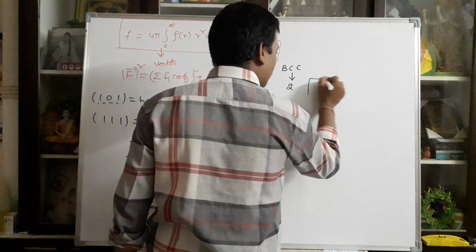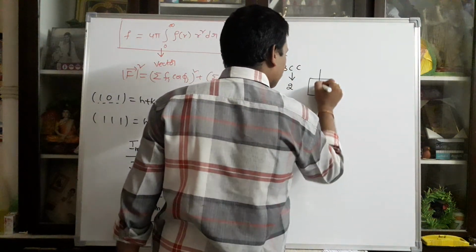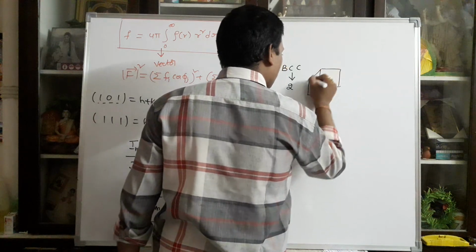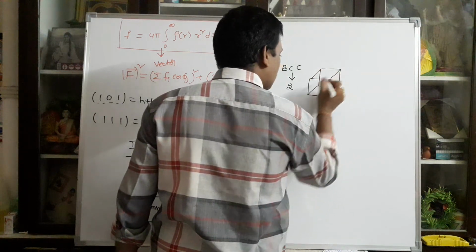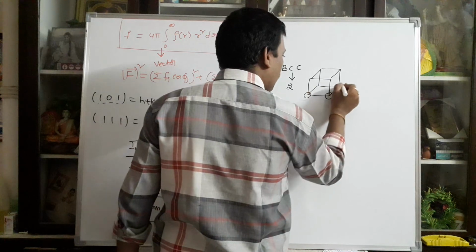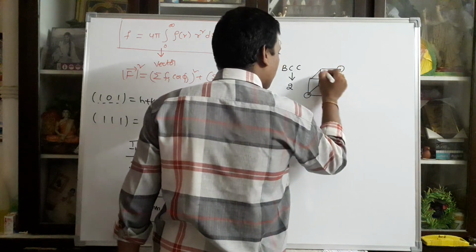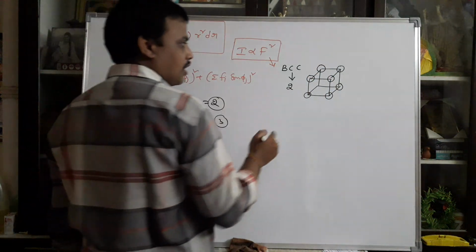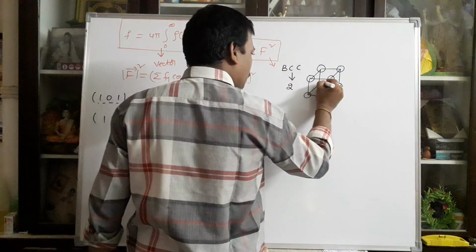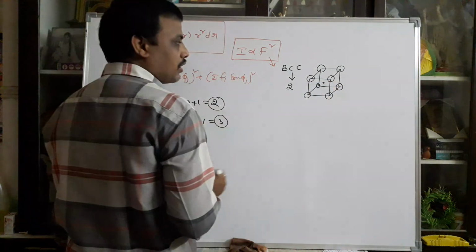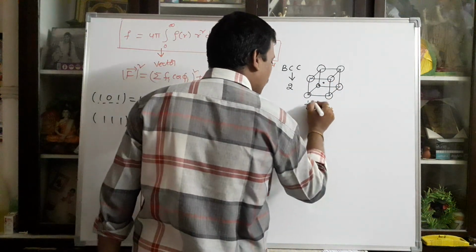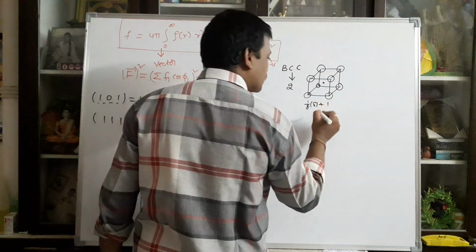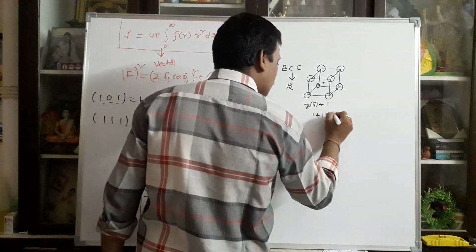You can see the diagram also. Like this, every corner is occupied by 8 lattice points, and for every corner atom, 1/8 portion is occupied per unit cell. At the center of the body there is 1 more. So 1/8 into 8 plus body center, 1 plus 1 is nothing but 2.